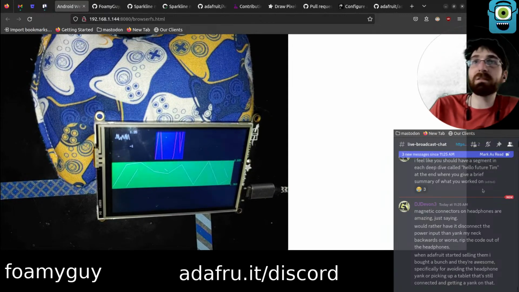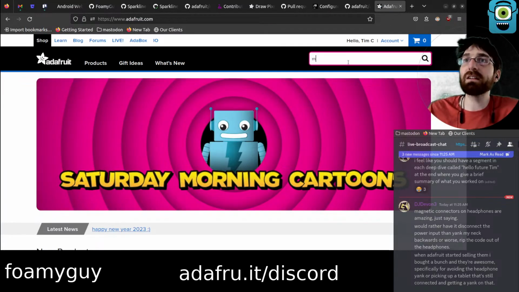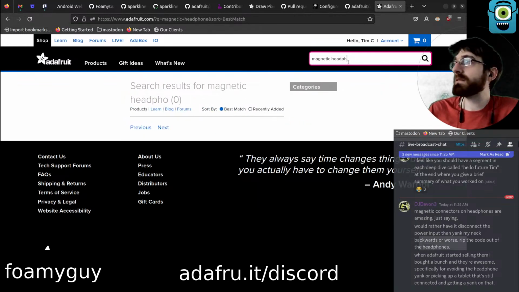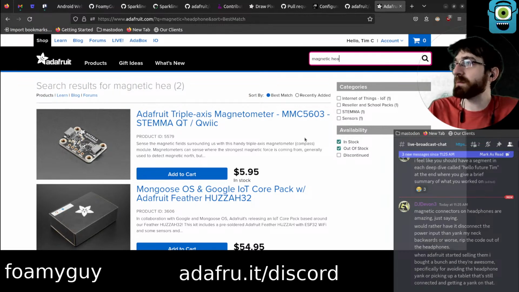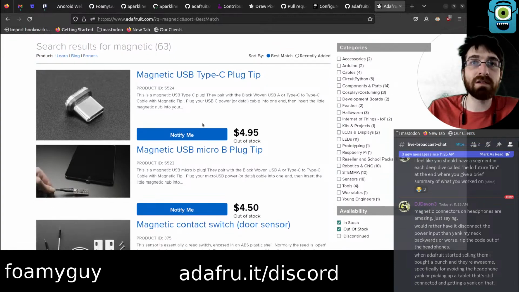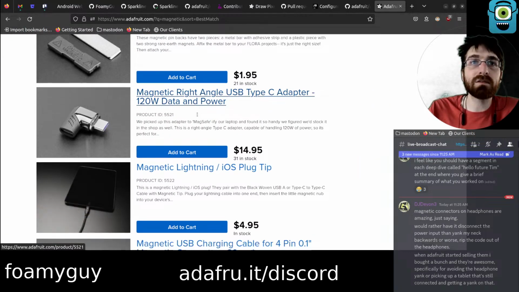Is this a thing that exists already? They sell these? Hold on. Magnetic headphone? Okay. You're saying the USB ones, maybe. Which they were awesome. Or maybe they had these before? Let me just look magnetic. So there is USB there. Oh, is this? No, this is contact switch.